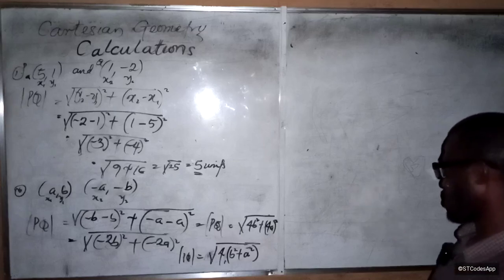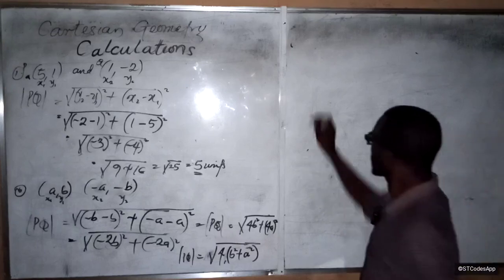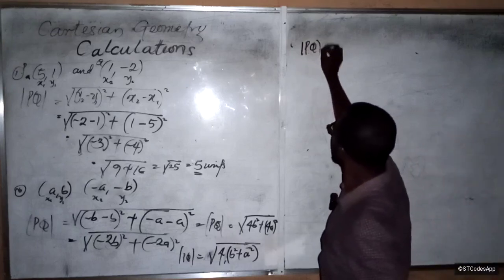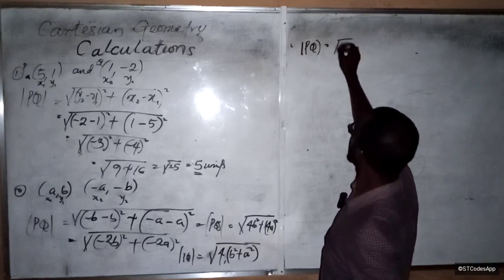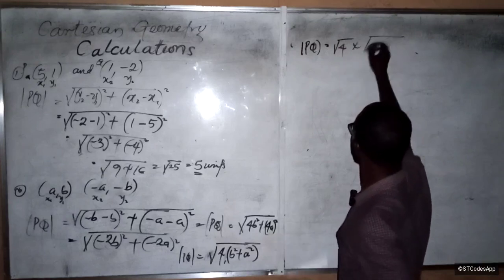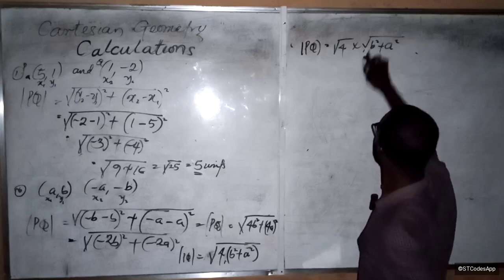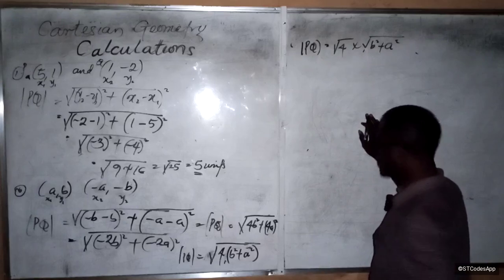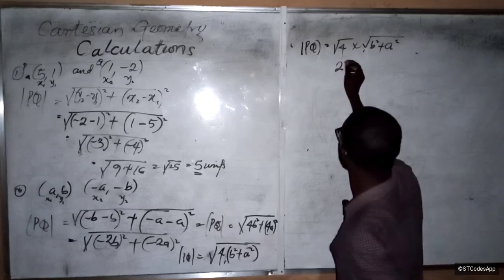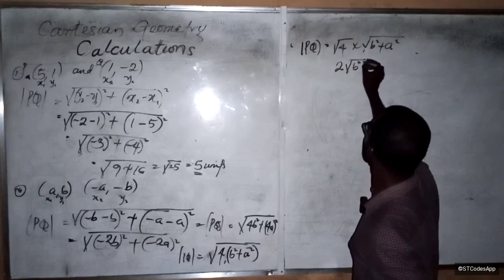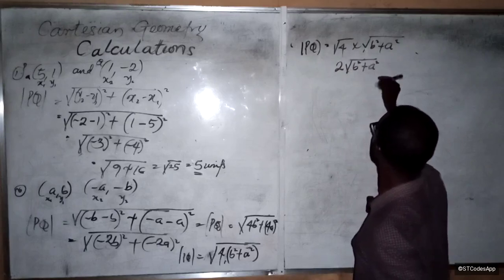So what does this mean? This means that line PQ will be equal to the square root of 4 times the square root of B squared plus A squared. And what does that give us? That gives us plus or minus 2 root B squared plus A squared.